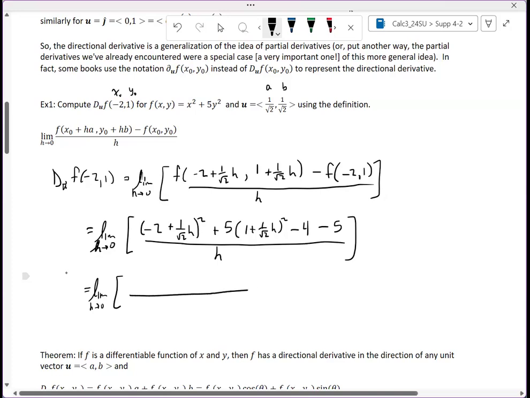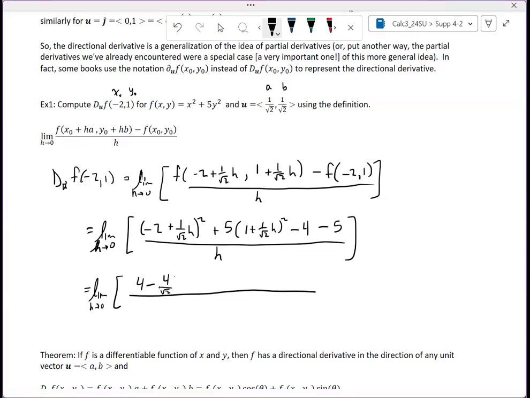And what do we get in the numerator here? We get -2 squared is 4, plus 2 times the first times the second. So that's going to be minus 2 times 2 is 4 over √2, times h. And then plus the second squared is going to be plus 1/2 h squared. That takes care of the first term on the top. The second term on the top is going to give me a 1 squared is 1 times 5 is 5.